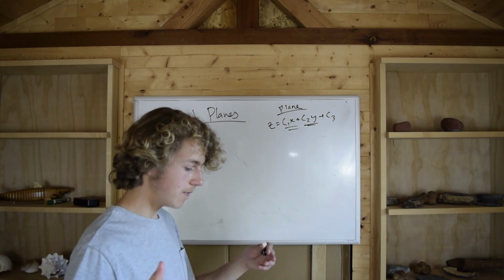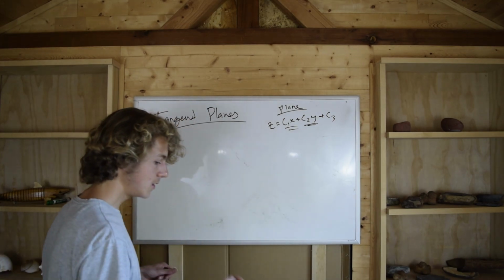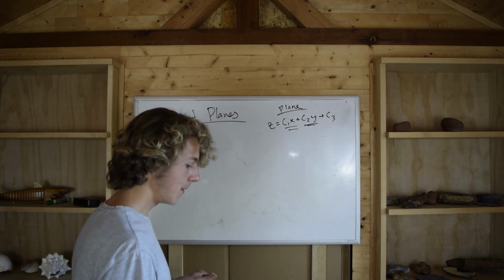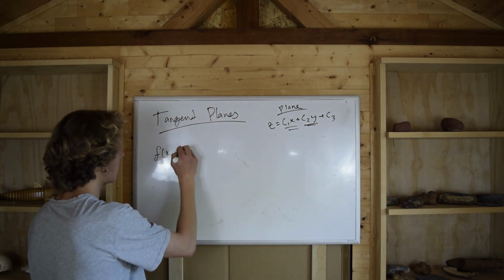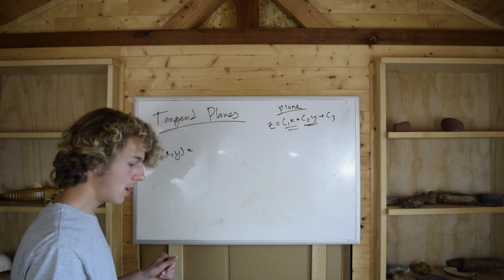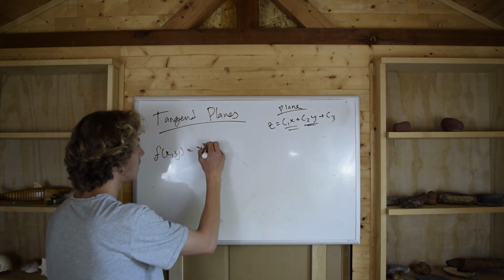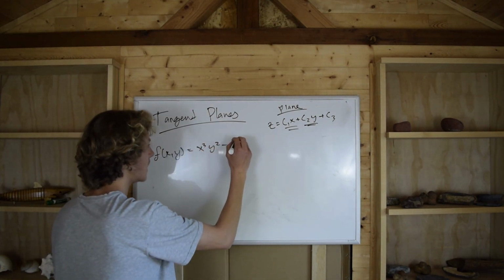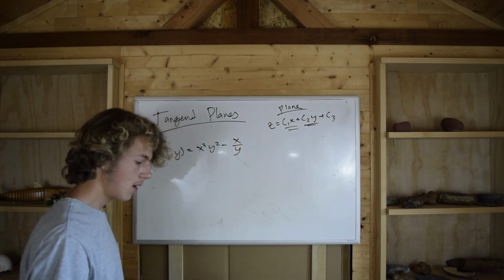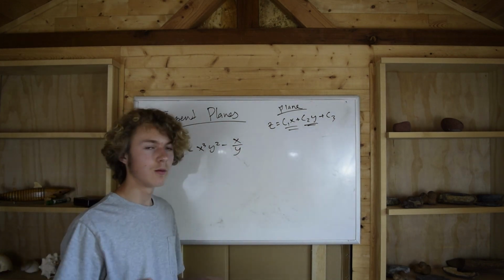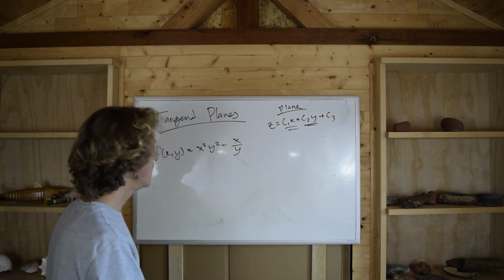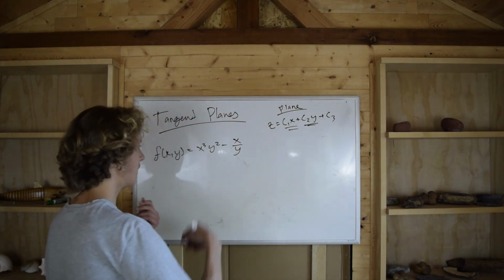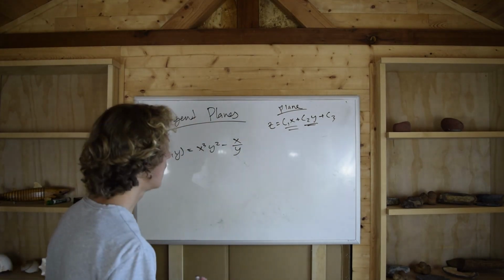So let's use a very interesting example. Let's say we have a function of x and y: f(x, y) = x cubed y squared minus x over y. This is kind of a weird function, but I guess it just shows that we can have all sorts of functions in 3 dimensions.